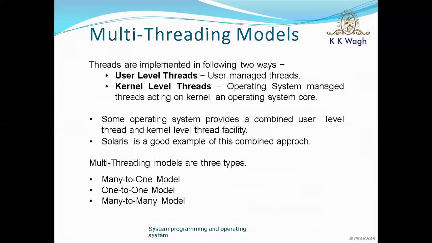Multi-threading model. Basically, the multi-threading model contains user level threads and kernel level threads. Now, the user level threads. In user level threads, a process does not create threads using a create thread system call. Instead, it manages its own threads.